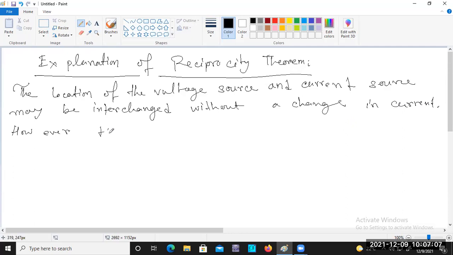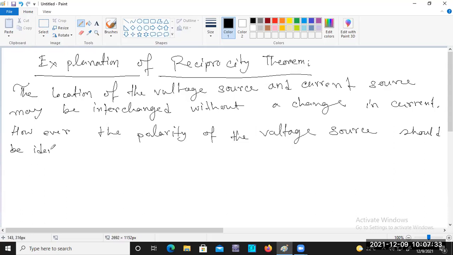However, the polarity of the voltage source must be maintained with the direction of the current.